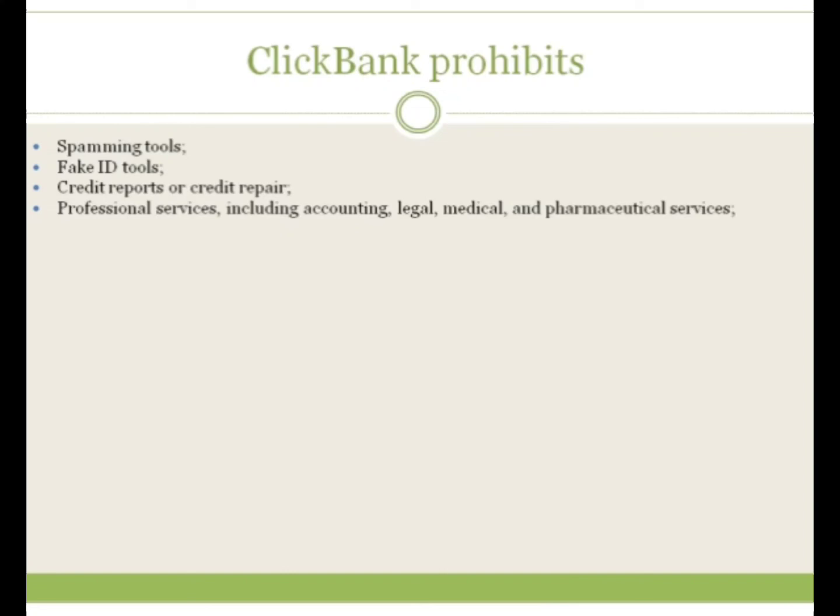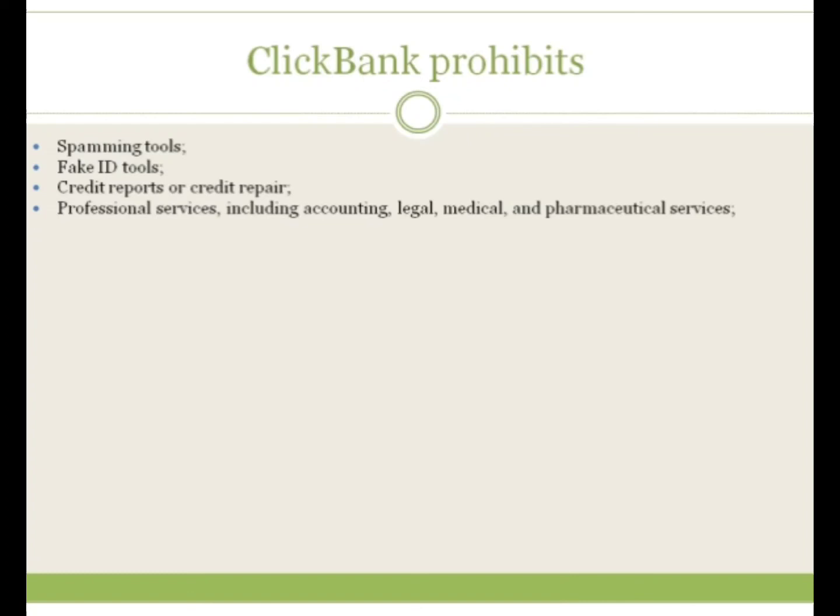And a lot of these, like I said, credit reports and credit repair, are also because of the FTC. ClickBank is in the USA, so where the FTC says not to do something, they try to avoid that as well because it just makes their lives more complicated.